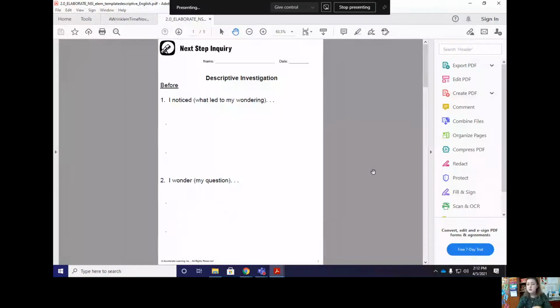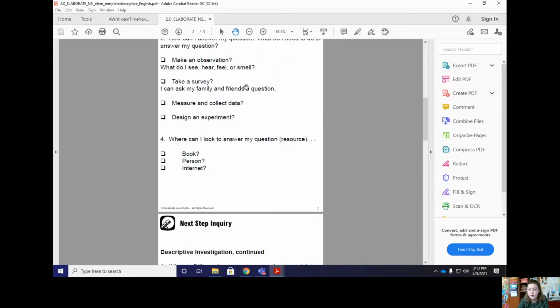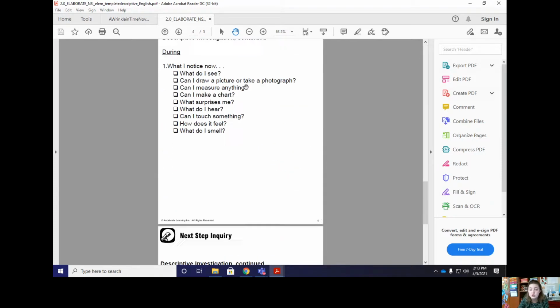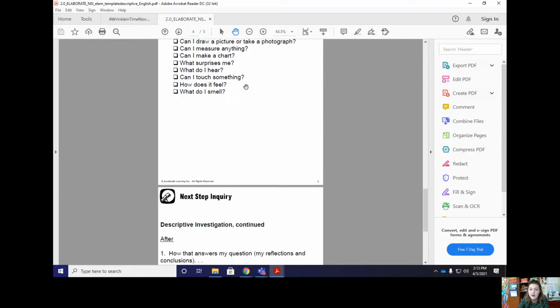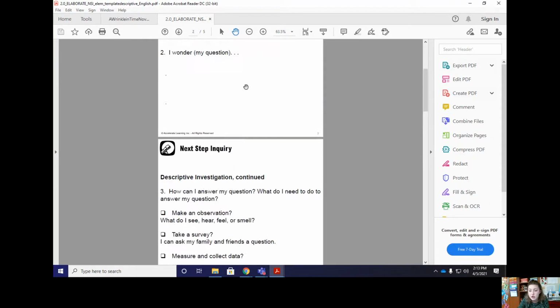Okay, so this is just the beginning of the next step inquiry page. What's going to happen is this is a very descriptive investigation. So just like it says up here, this is something where you're going to be describing what you're doing to me. And that's literally what the whole packet is, you describing how you are investigating the question that I give to you.